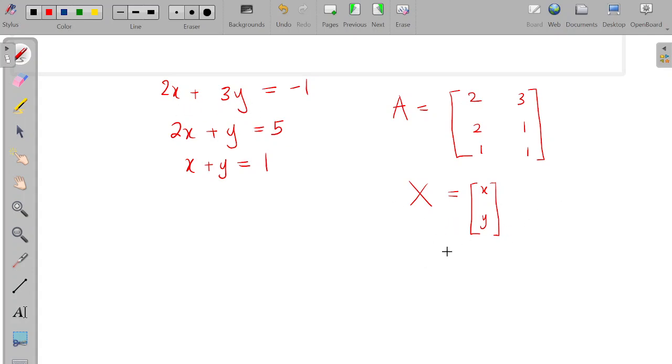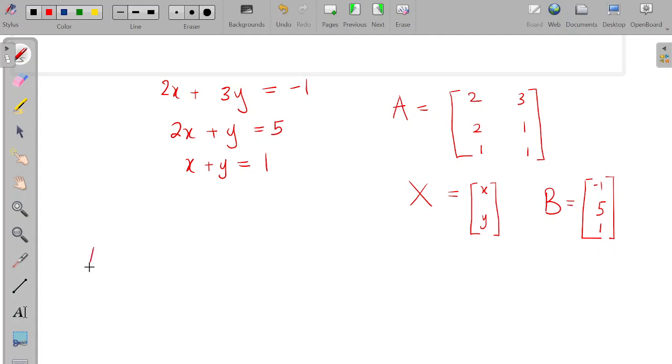And then our right hand side coefficients are -1, 5, and 1.